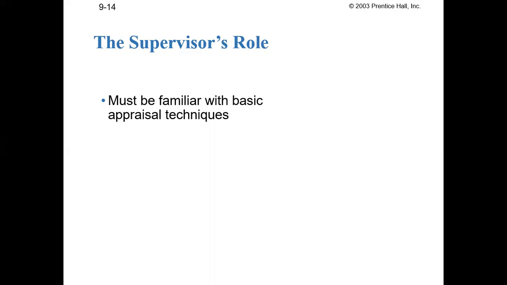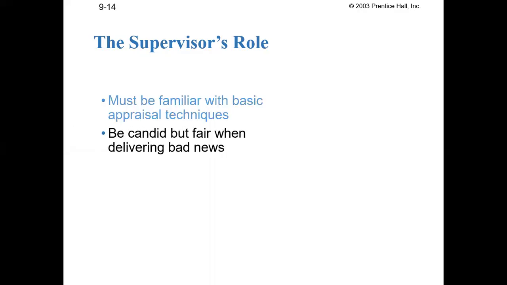Do not assume that they know how to do this. They should be candid but fair when delivering bad news. And this should also go into the training of supervisors to let them know how to communicate these messages. Because some people will just say it anyhow and cripple this person forever.